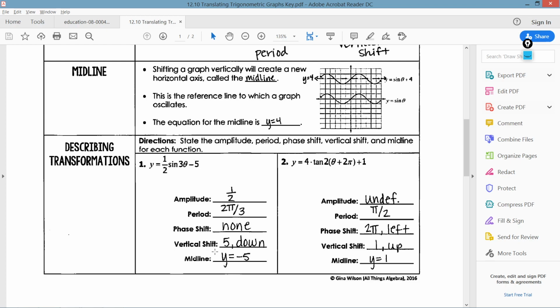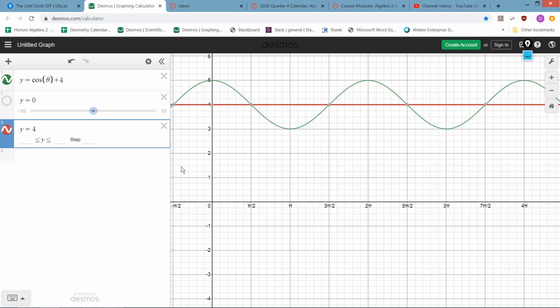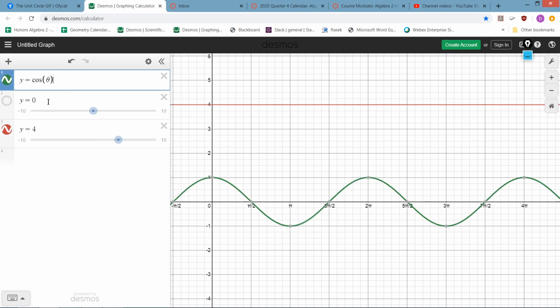Where's the midline? The midline is always going to be wherever your vertical shift is, because where is it naturally?